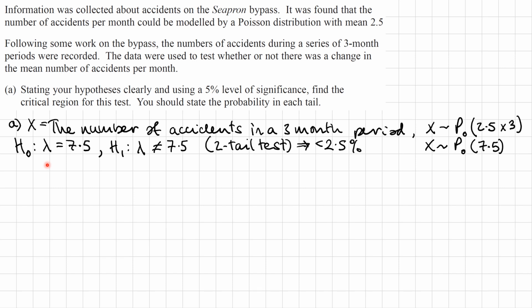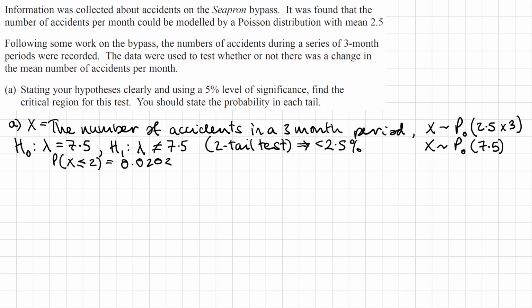So if I go to the tables and look for the largest probability that's less than 2.5%, I get the probability of X less than or equal to 2, and that one is equal to 0.0203.